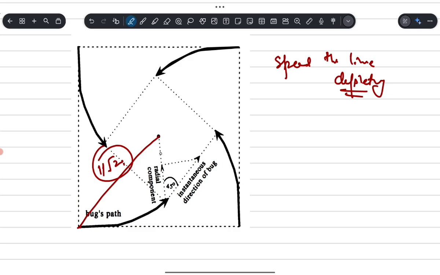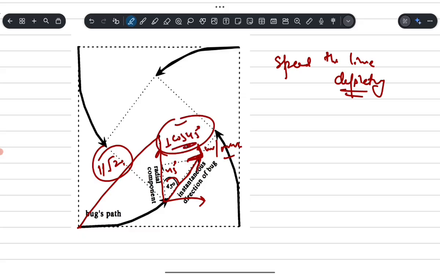Now, if you focus at any instant, as I told you, the angle here would be 45 degrees. The speed provided for the bugs is what? 1 unit per minute or whatever. One is the important thing here. So now I'm just going to break the speed into its components, if you've studied a bit of physics. This component is going to be 1 cos 45. This is the speed by which the line is depleting.